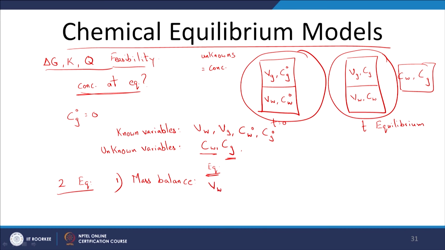The volume of water times the concentration of the compound in water initially, plus the volume of gas times the concentration of the compound in the gaseous phase initially, assuming that we can convert the units into the relevant units, will be equal to the volume of water times the concentration of the compound at equilibrium in water, plus the volume of gas times the concentration of the compound at equilibrium in the gaseous phase.